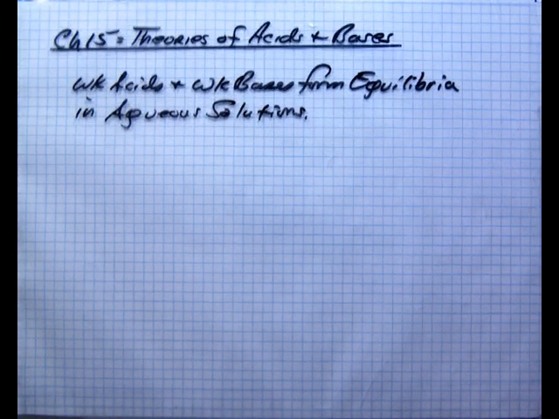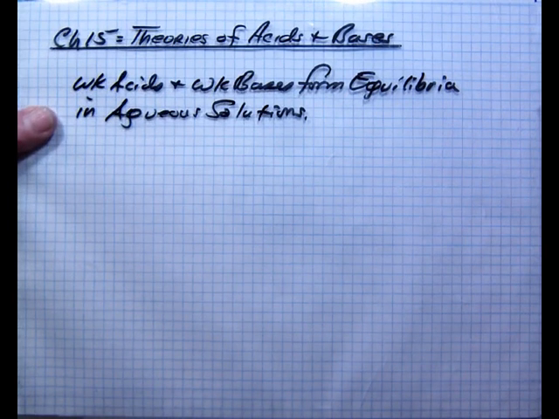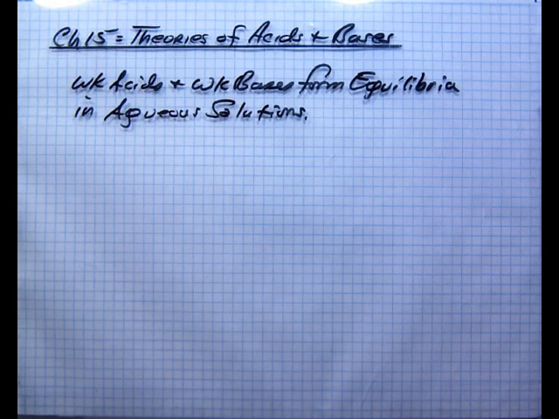Having just finished studying the concepts of equilibrium and the equilibrium constant, we will apply the same concepts to weak acids and weak bases, and when we get there we have to do some other things also.